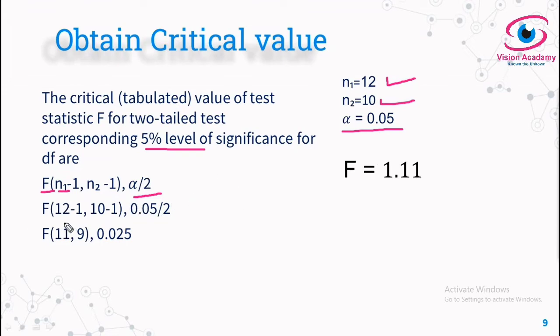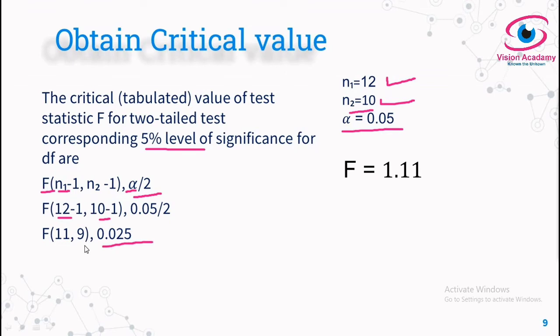So I will apply this to the formula. n1 is 12, minus 1; n2 is 10, minus 1. Since our alpha is 0.05, we use alpha by 2. So 12 minus 1 is 11, 10 minus 1 is 9, and 0.05 divided by 2 is 0.025.